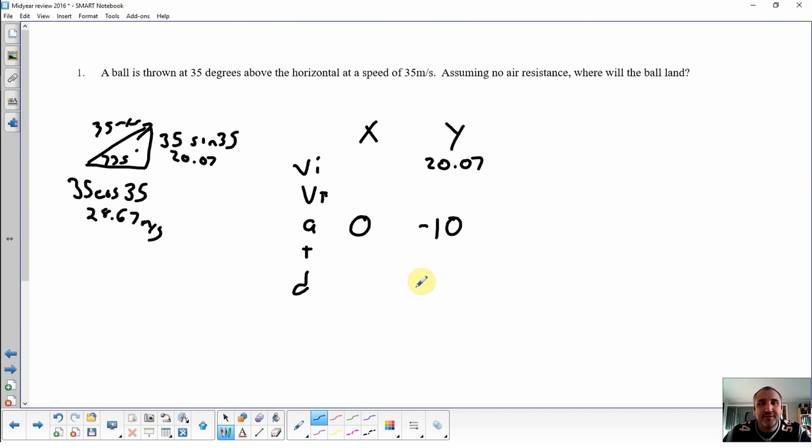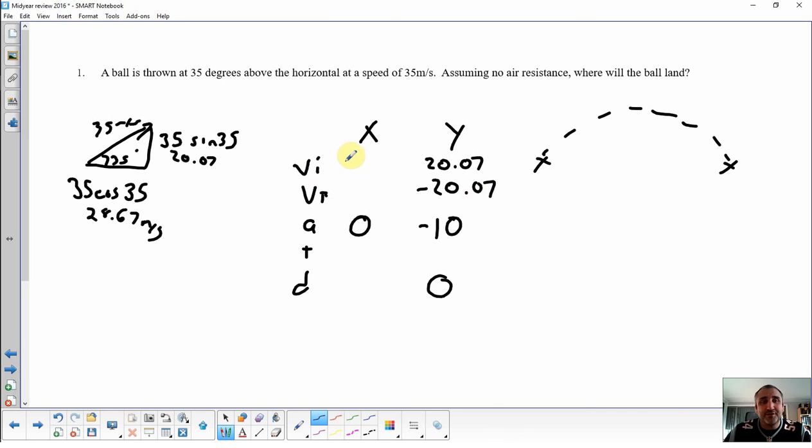So my displacement here is going to be 0 in the y, because the difference in height from start to finish, there isn't any, but there is difference in distance. And we also know that when you fire something up, it's going to come back down with the same velocity. So if I fire it up going positive 20.07, it will end coming down with negative 20.07.